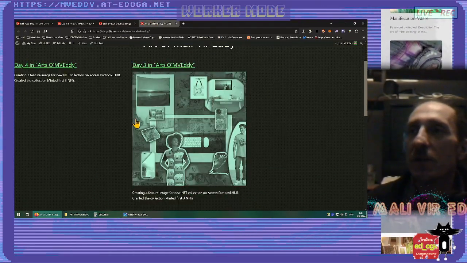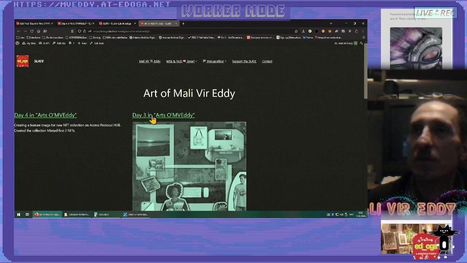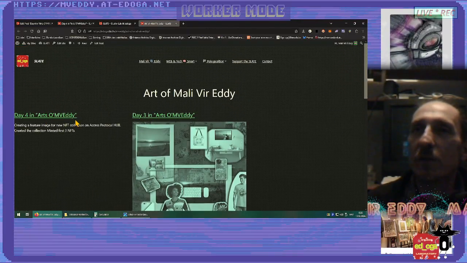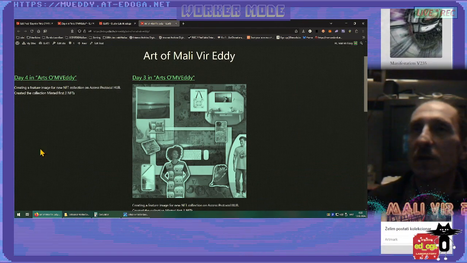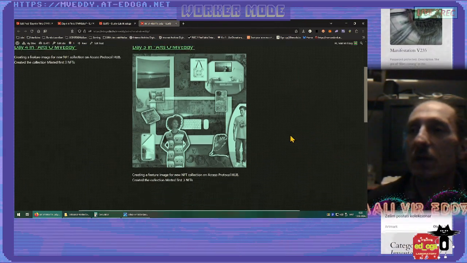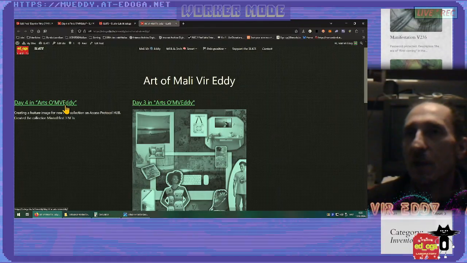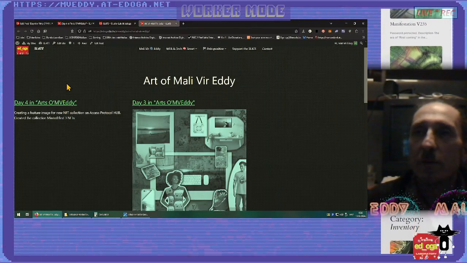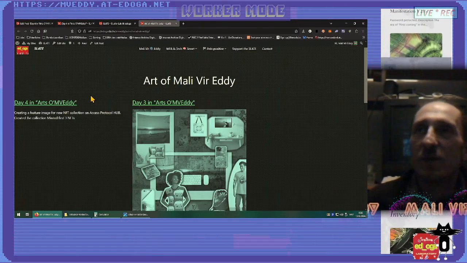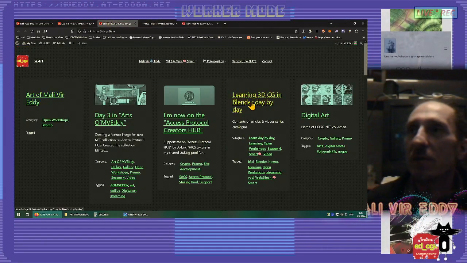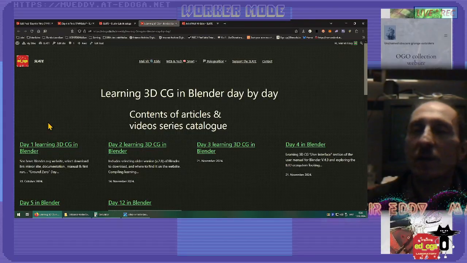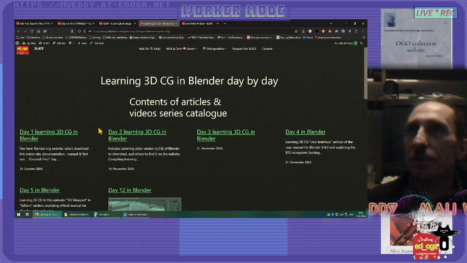So here's a basic initial structure, and posts will be cataloged here in a feed for this dedicated section, a category, and they will appear newest first, unlike for Godot and Blender learning day by day, they go by oldest first.